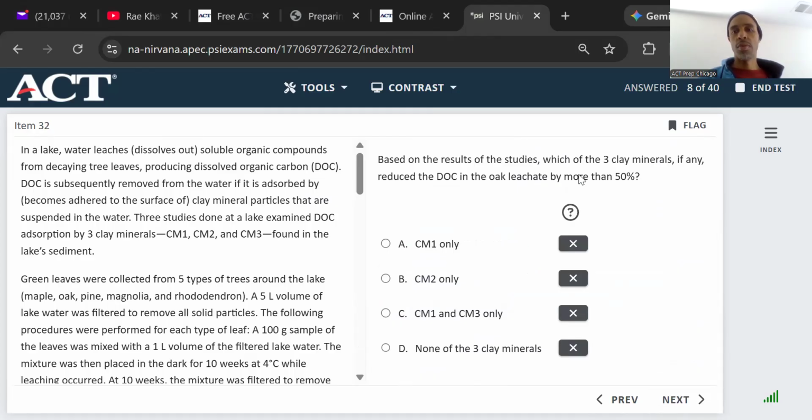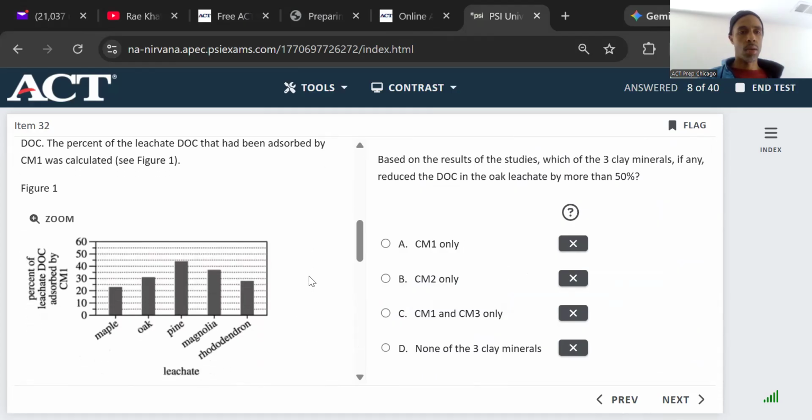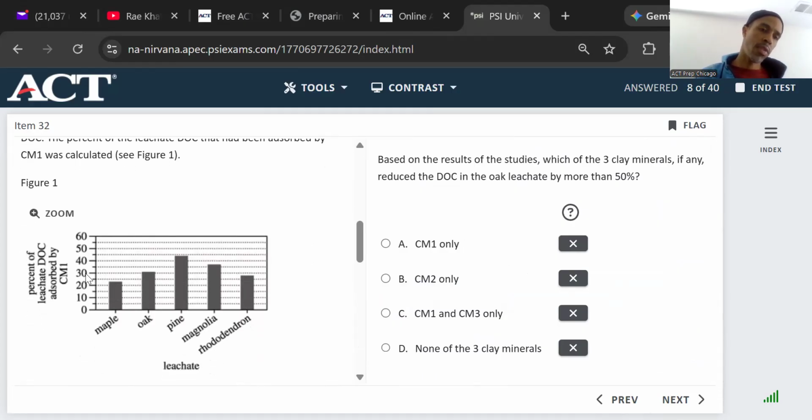Based on the results of studies, which of the three clay minerals, if any, reduced the DOC in the oak leachate by more than 50%? So I'm imagining if the percent of leachate DOC absorbed by CM1, that would mean it would reduce the leachate DOC. So if it's more than 50% for the oak, you look for which one is more than 50.